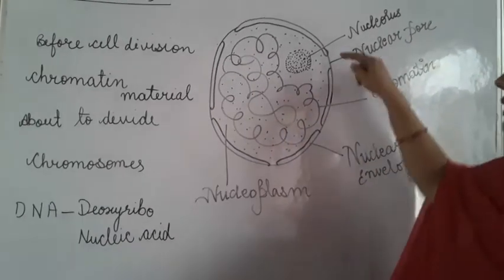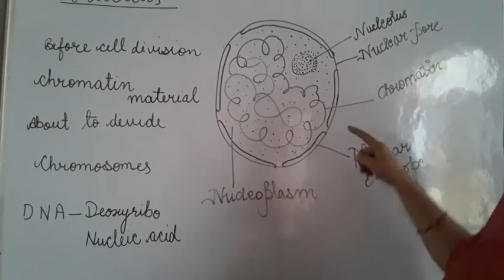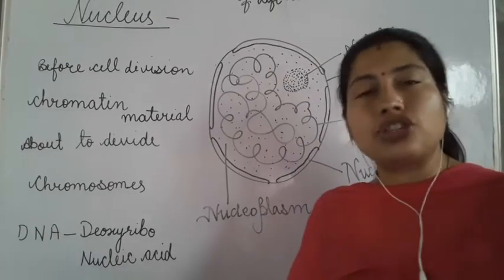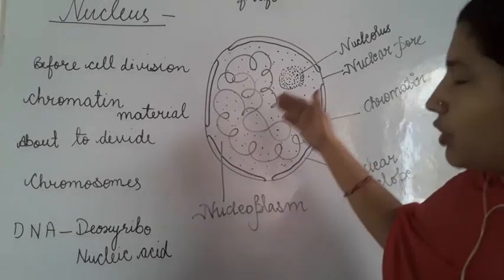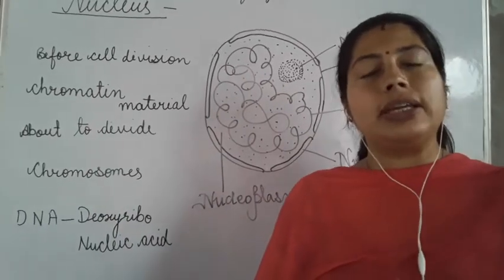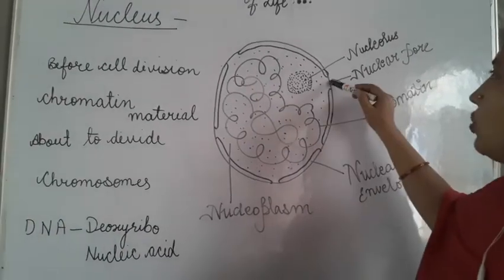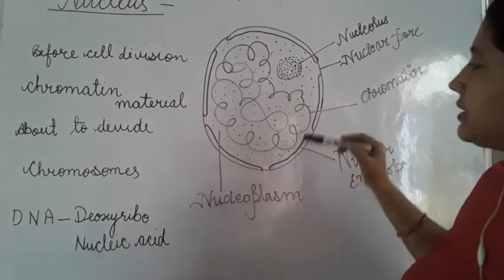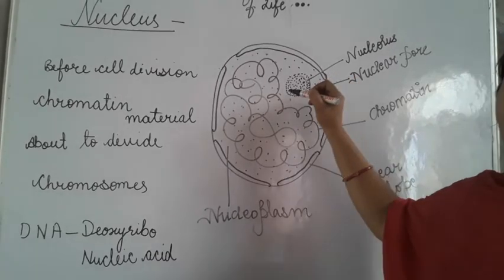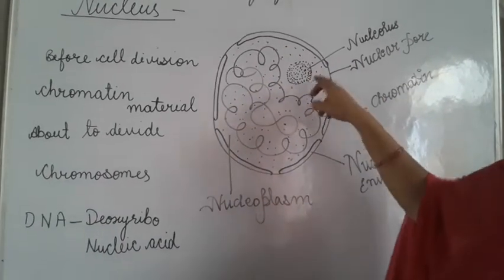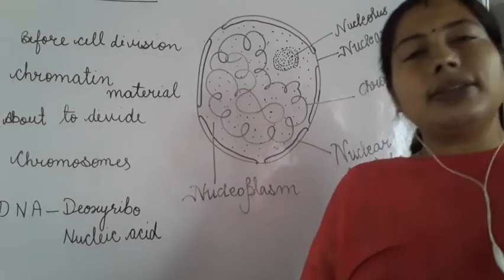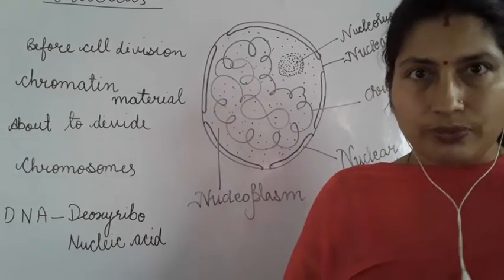So the nuclear membrane has some pores. Now what is the role of these pores? These pores help in the exchange of information from the nucleus to the cytoplasm. And this nucleolus, the spherical body at the periphery of the nucleus, is the site of formation of ribosomes.